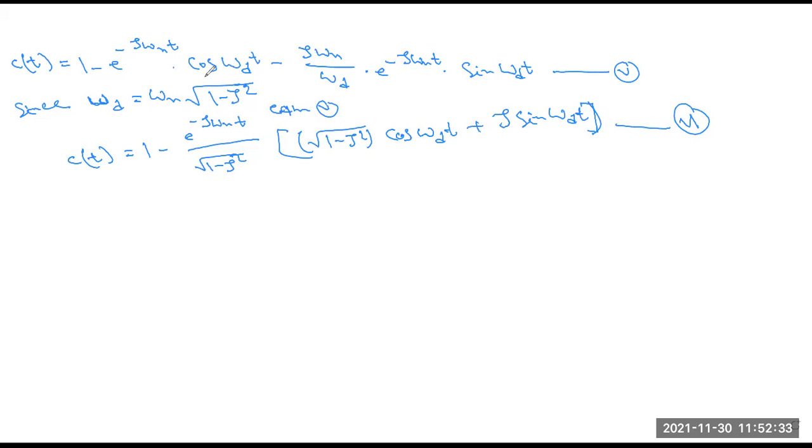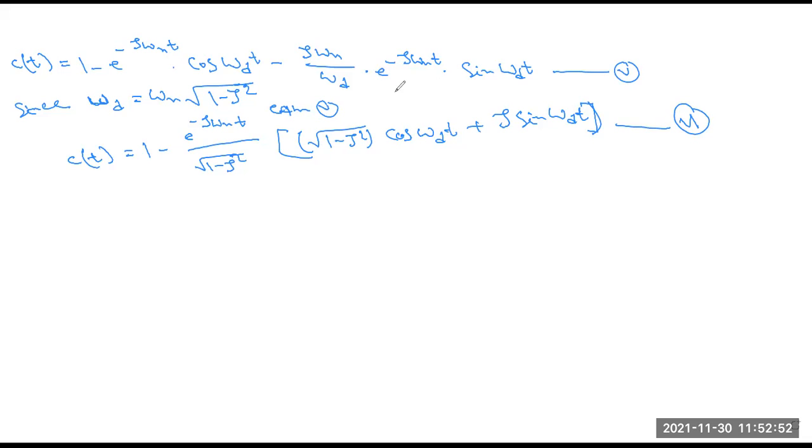The equation also changes. The multiplied part, root over of 1 minus zeta square, and cos omega d t: when you multiply, this one and this one cancel, leaving only cos omega d t, the same as before.